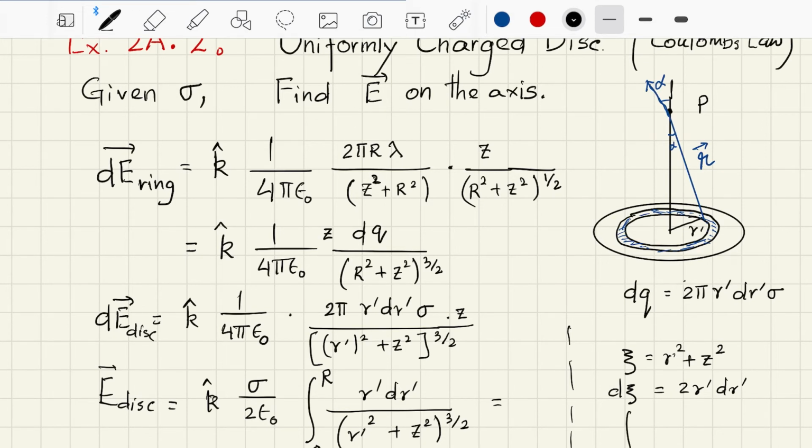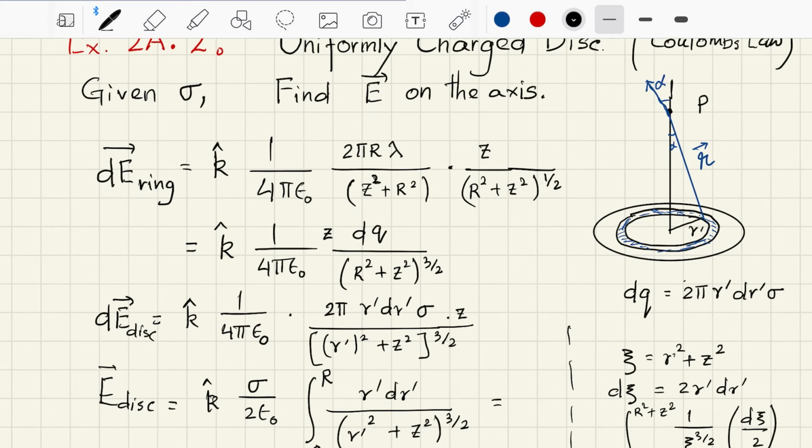between z square and r square plus z square. If I convert it, then 1 by xi^(3/2), this is d xi by 2, and that's a simple integral.